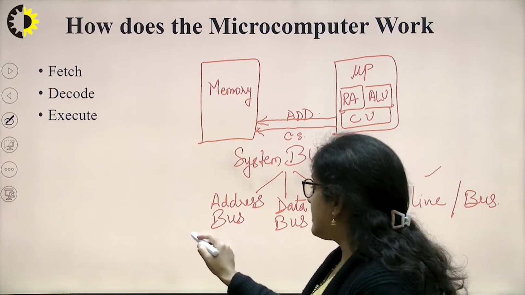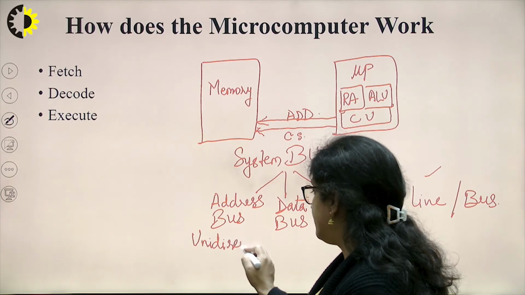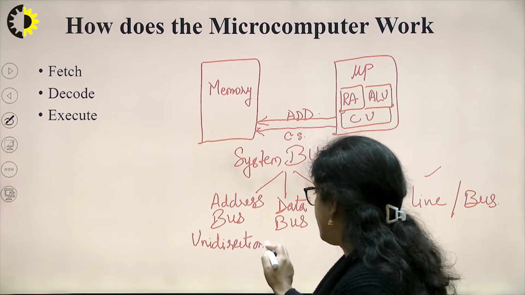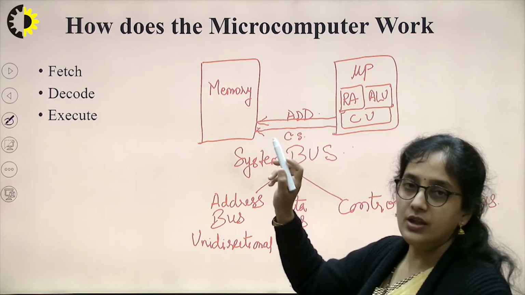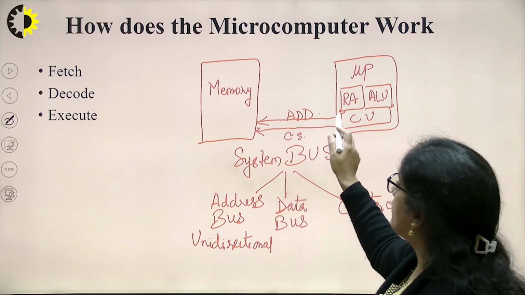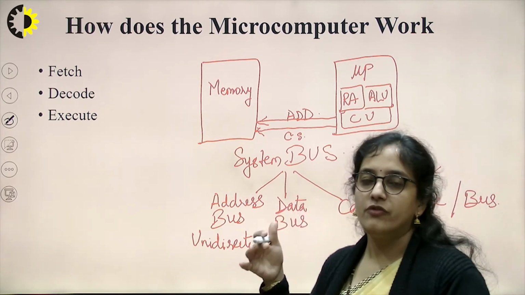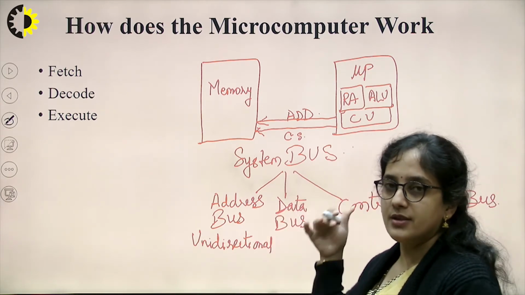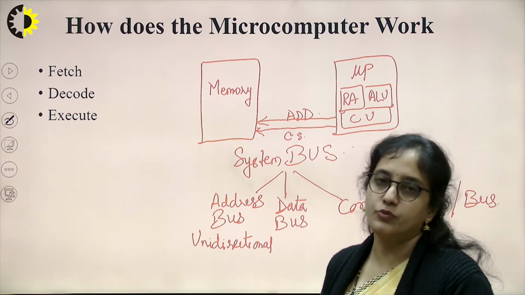This address bus is unidirectional. The content on the address bus always flows from the microprocessor to other devices, whether memory, input device or output device.